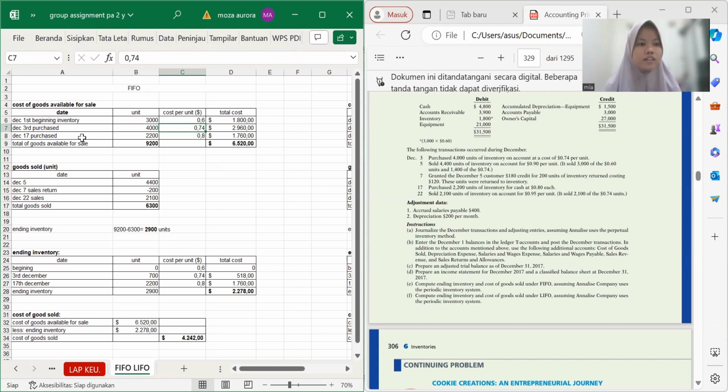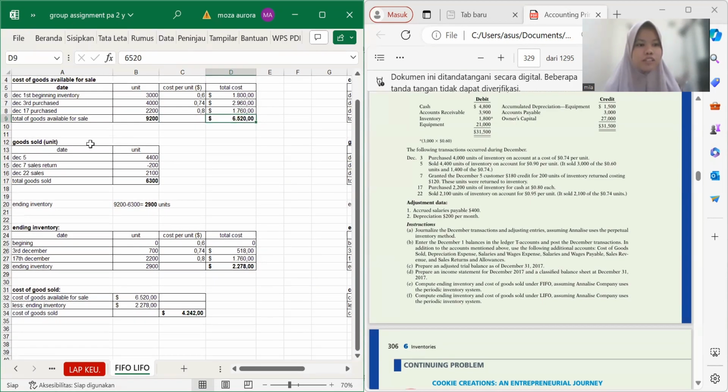And on 7 December, the company made a purchase of 2,200 units and the cost per unit is 0.8, so the total cost is $1,760. So the total goods available for sale we get is 9,200 units and the total cost is $6,520.